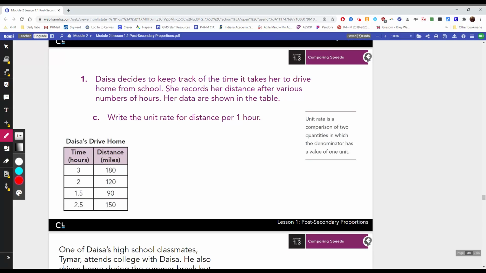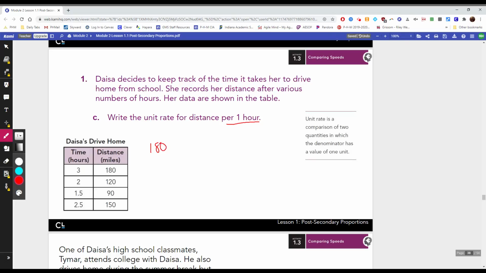And it tells you in the bottom left corner of your book on page M2-14 that a unit rate is a comparison of two quantities in which the denominator has a value of 1 unit. So these are all rates. We're comparing distance, miles to hours. Unit rate means how many miles per 1 hour. So we're only interested in 1 hour.